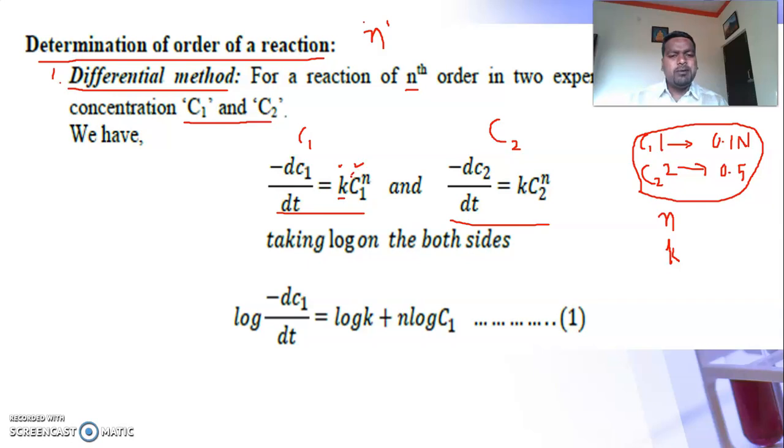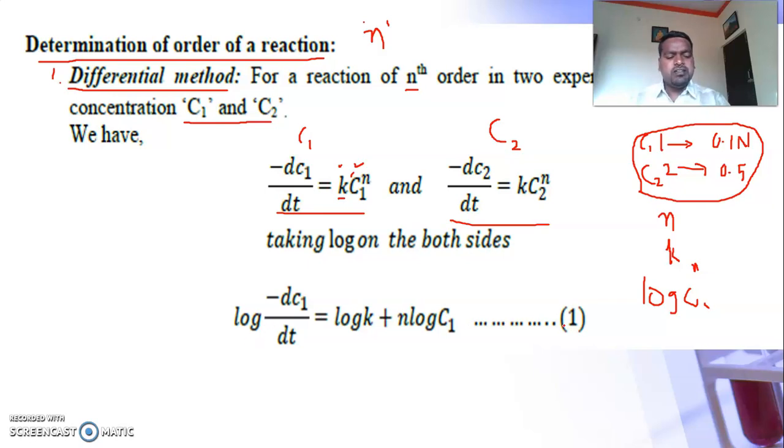This log C to the power n can be written as n log C1. So you know all these basic mathematical operations. While writing, you derive each step; I am not going to derive the basic steps, but you have to write all the basic steps while deriving the expression. So we are going to get this expression.